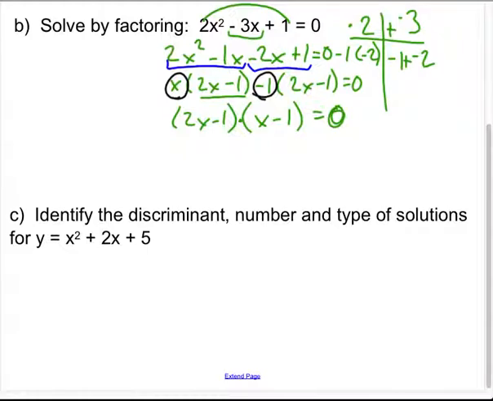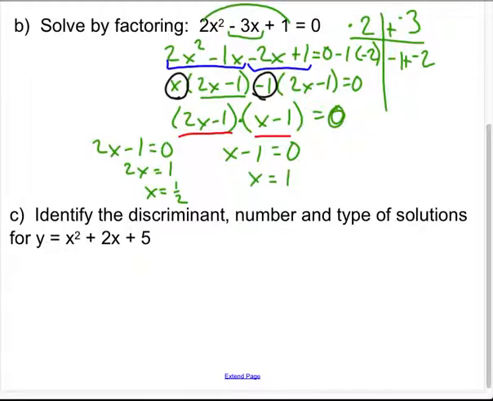So that means either my first binomial is 0, so I set up one equation, or my second binomial is 0, so I set up my second equation. Solving the first one, add 1 to both sides and divide by 2. And the second one, you just add 1 to both sides. So the two solutions to the original equation are x equals 1/2 and x equals 1.